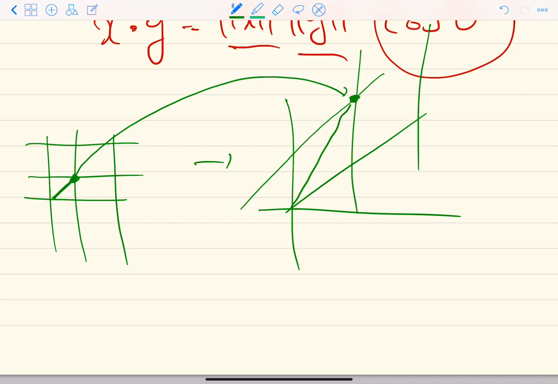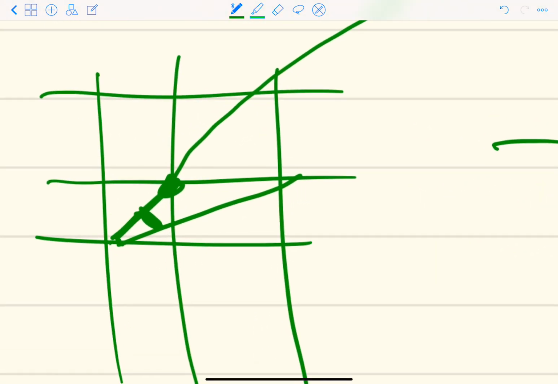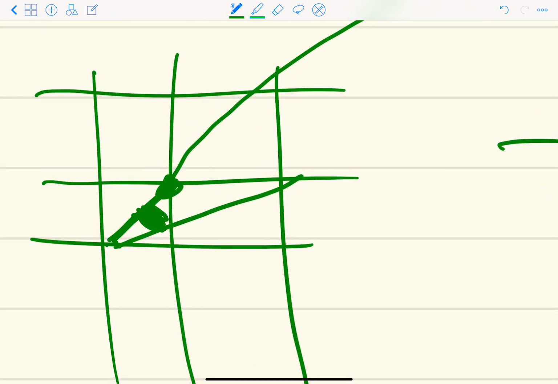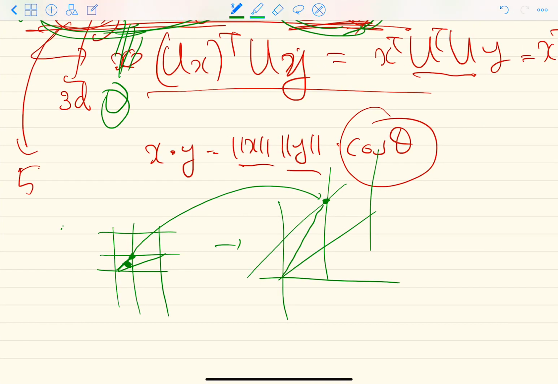And also the angle between these two vectors has a certain angle like this. This vector is mapped into this vector, and so the angle becomes different, right? So in general, the lengths and angles become different from their original values, right?